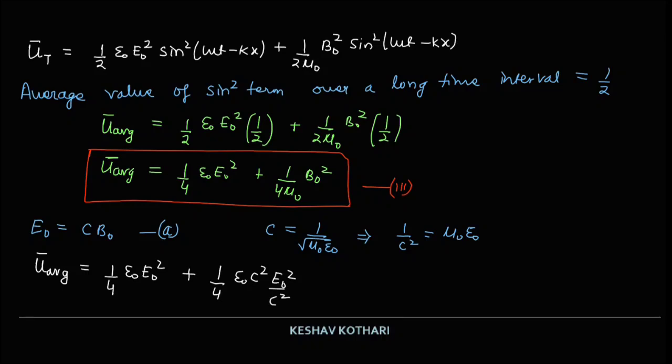So we have used these two expressions, that is equations A and B, to get this value over here. So 1 by 4 times epsilon naught E naught square and 1 by 4 times epsilon naught E naught square is given as half of epsilon naught E naught square.